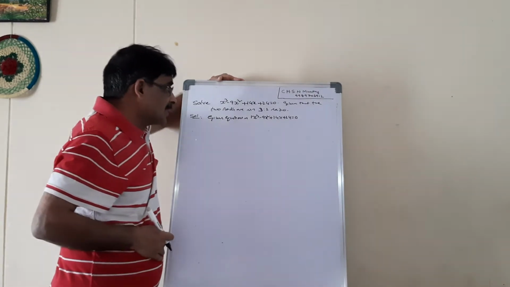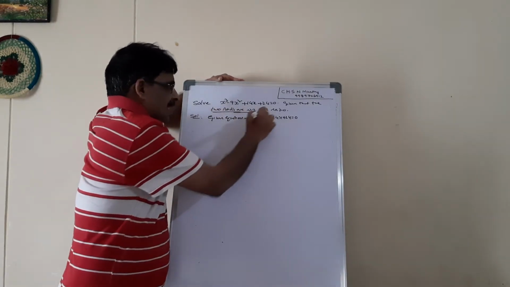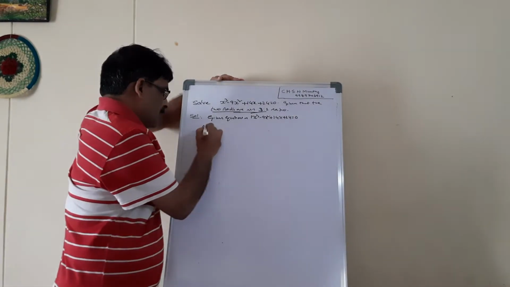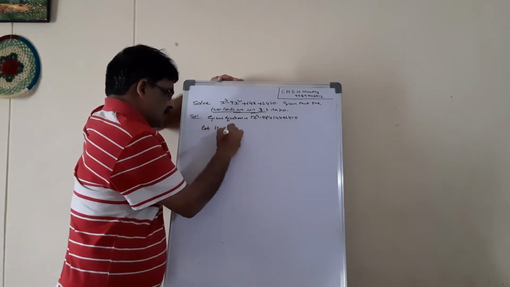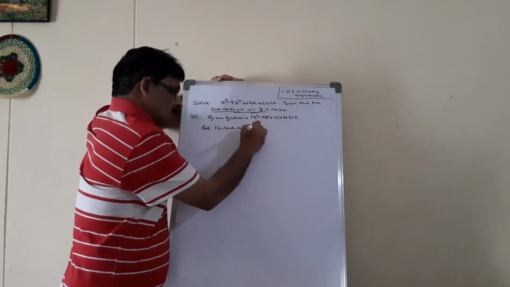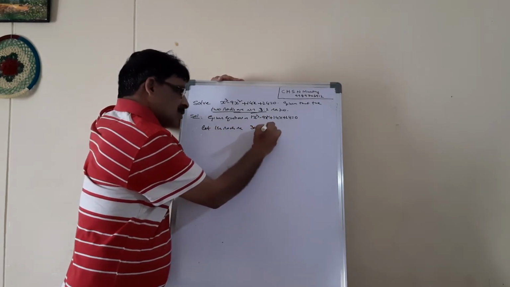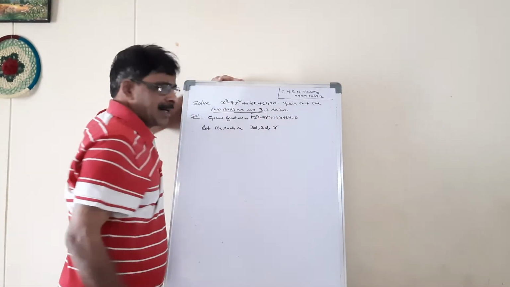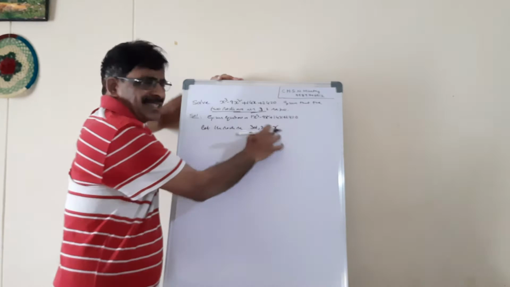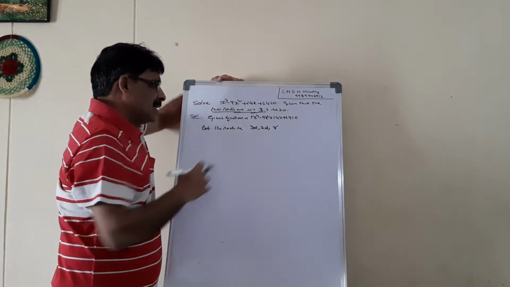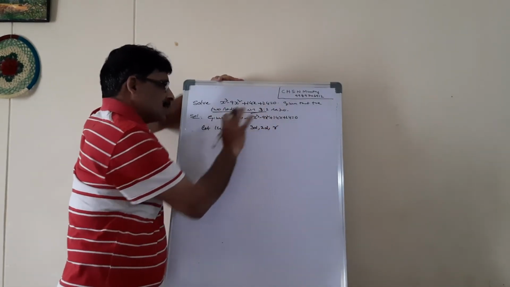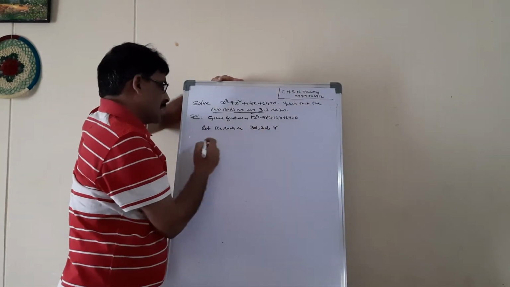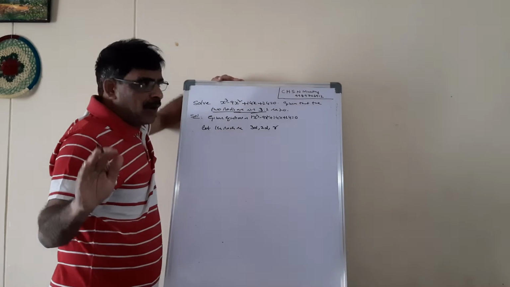But here, two roots are in the ratio 3:2. So we can write, let the roots be 3 alpha, 2 alpha, and the third one gamma. Let the roots be 3 alpha, 2 alpha, gamma.